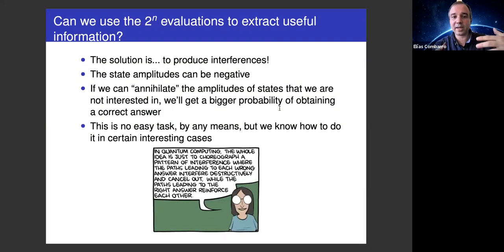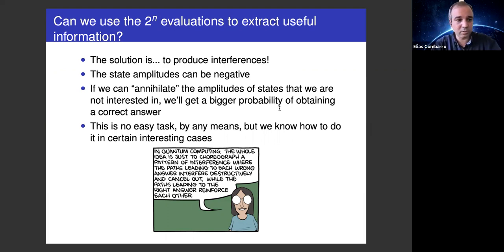So some of them annihilate others, and some of them grow bigger when we annihilate some of the other amplitudes, in order to increase the probability of obtaining the desired result.